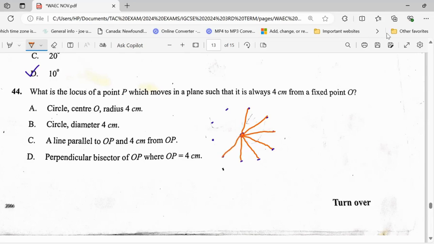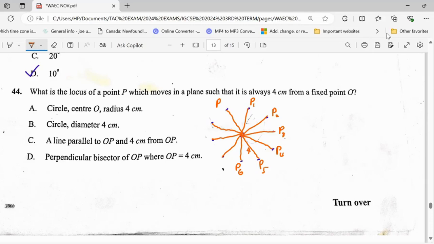So wherever the point is, the locus is the track that the point is making. The point P can be anywhere. So we can have P here, P1, P2, P3, P4, P5, P6, and it will continue the movement. Now, each time we measure point O to where P is, it gives us 4 centimeters.